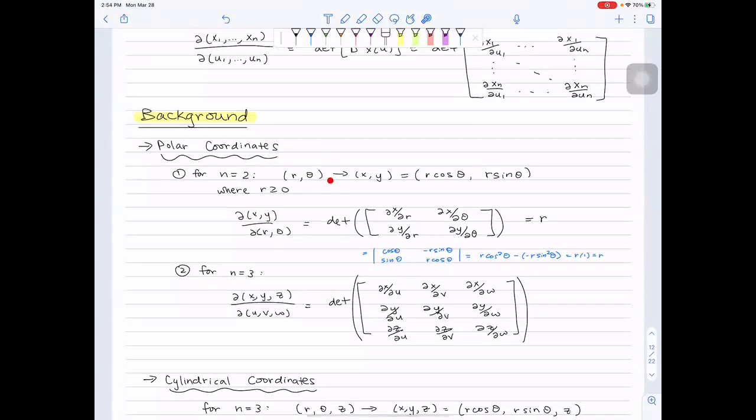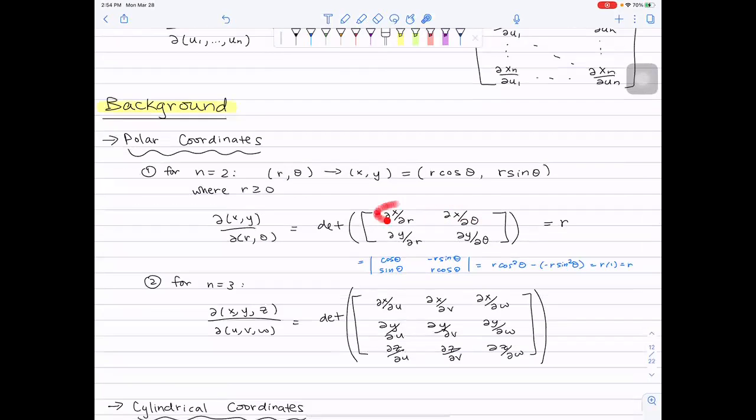For example, in polar coordinates, if you're converting from r, theta to rectangular x, y, we know that x, y is given by r cosine theta, r sine theta. So right now we have 2 inputs, 2 outputs. If we wanted to compute the Jacobian of our output x, y with respect to our inputs r, theta, we know how to compute the Jacobian. You look at the first output in the first row with respect to the first input and the second input, and so on.